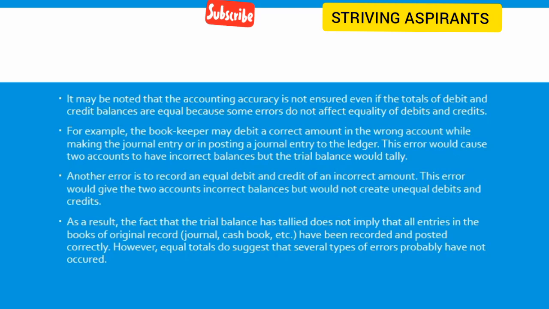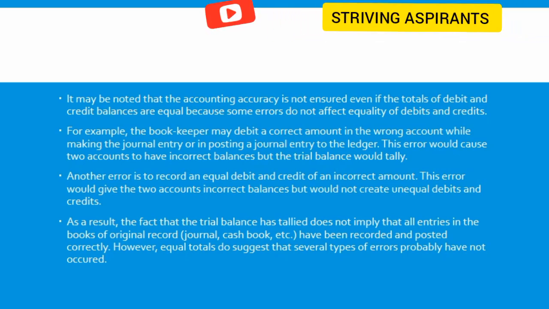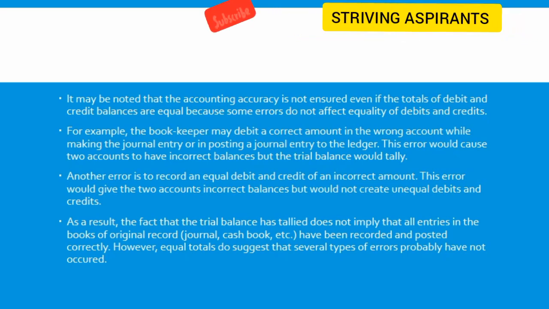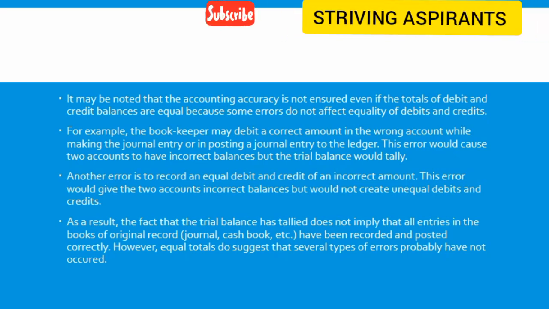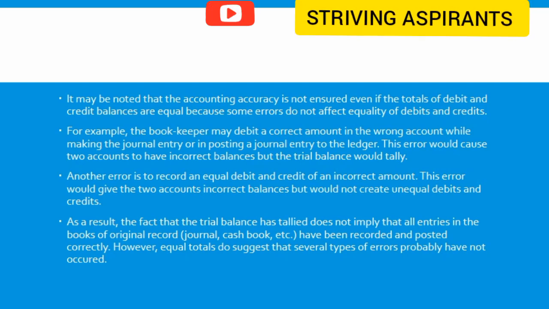In the previous slides, we have seen the balancing of all the account balances into the trial balance, where we match the debit and credit columns and check the arithmetical accuracy.